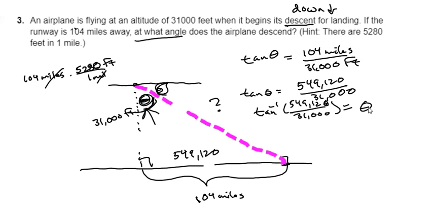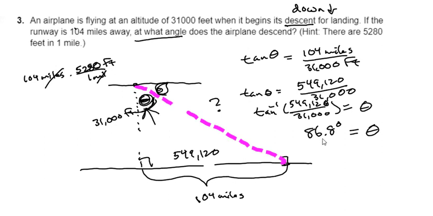So 549,120 divided by 31,000, close it off, it equals, and then what I get for that is theta is equal to 86.8 degrees. Okay? And I know I said I wasn't going to solve this whole problem, and you guys are lucky because I actually am solving the whole problem.